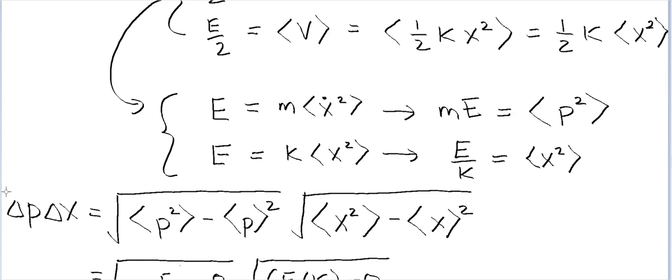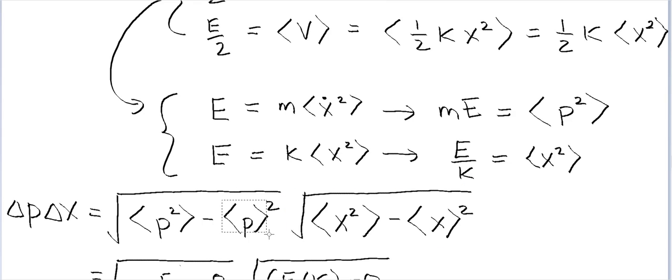All right, so now we are making some headway. We want to look at delta p times delta x. And we could write delta p as the square root of the expectation value of p squared minus the expectation value of p quantity squared. And delta x we could write as the square root of the expectation value of x squared minus the expectation value of x quantity squared.